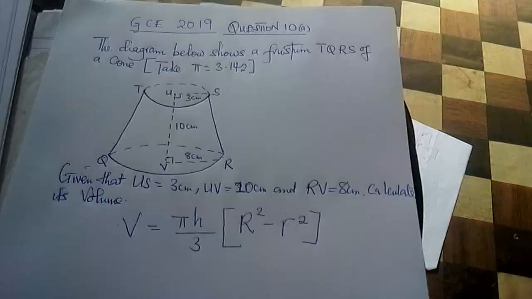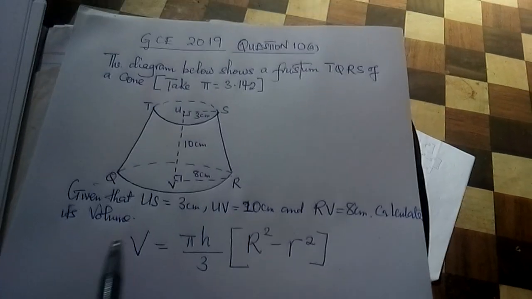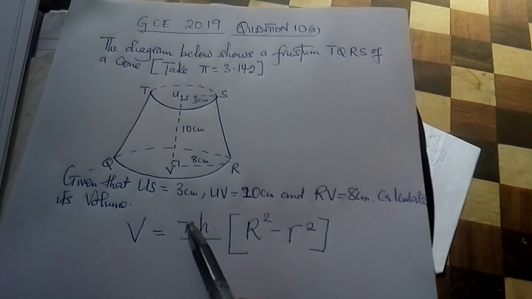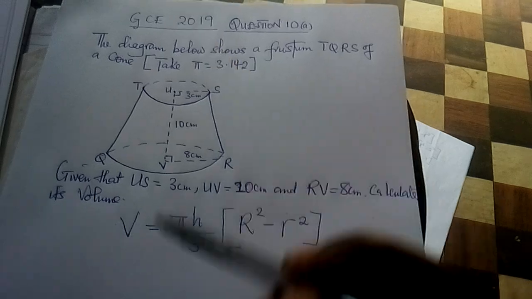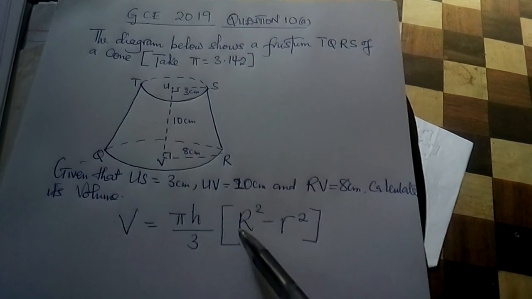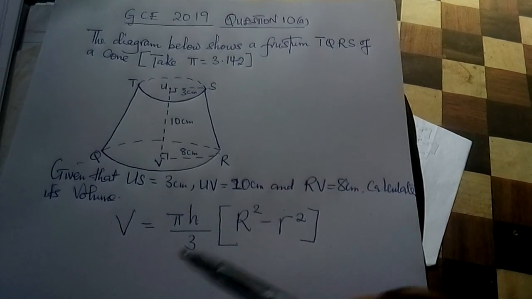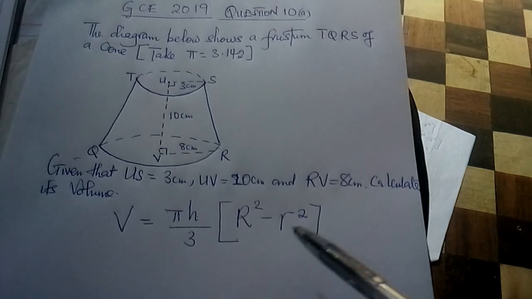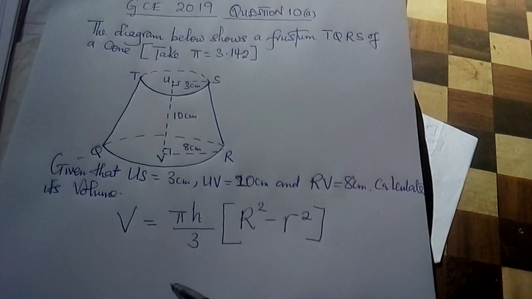What do these letters mean? V means volume, which is what we are trying to find. Then this is pi, this is the height of the frustum. Capital letter R means the radius of the bigger base, and the small letter r means the radius of the smaller base.